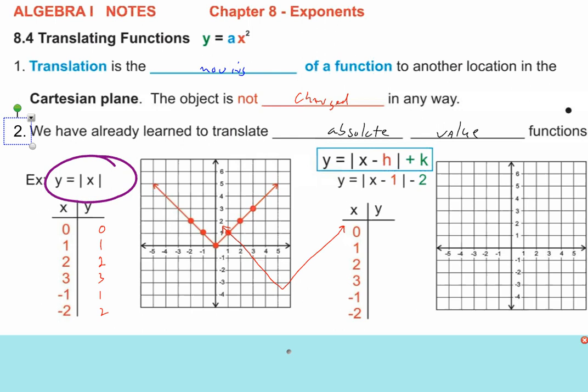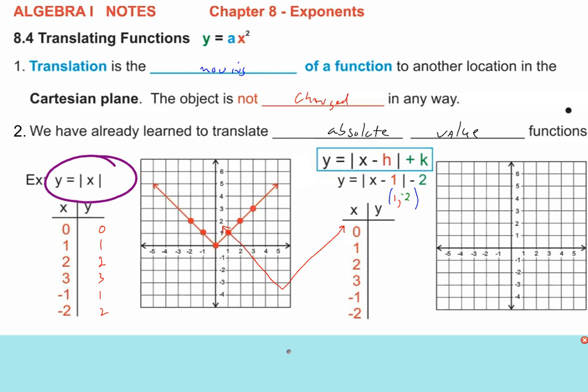So we've got this V shape, and if you remember, the value of h tells you the horizontal movement, and the k, the vertical movement. They also give you the value of the vertex. So according to this, the vertex of this V shape should be at coordinates 1, -2.